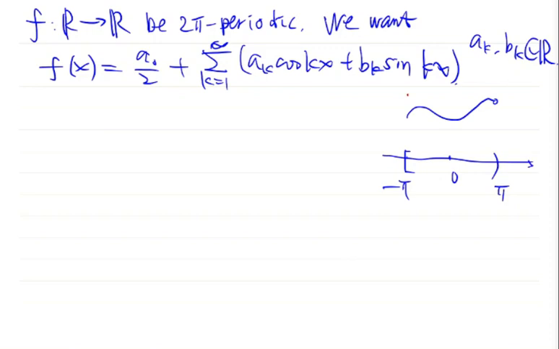Then you can extend the definition periodically to obtain a function defined over the whole real axis. So we assume that we only need to give the definition of f in the interval minus pi to pi, or any other interval of length 2 pi.